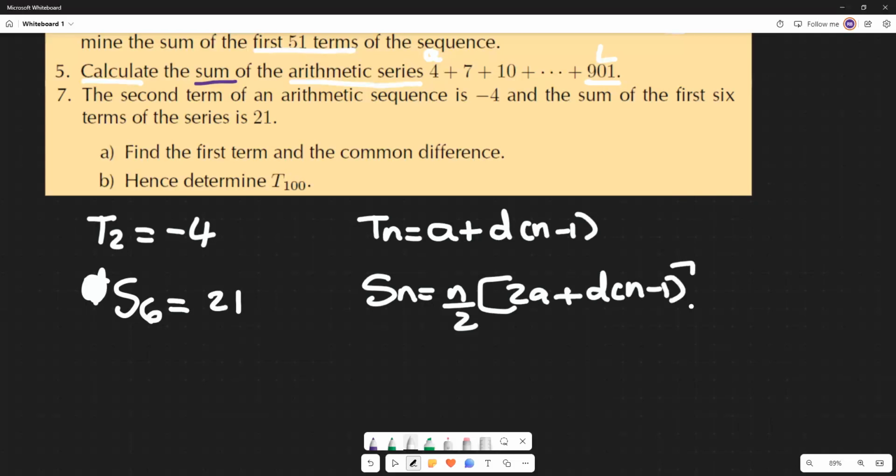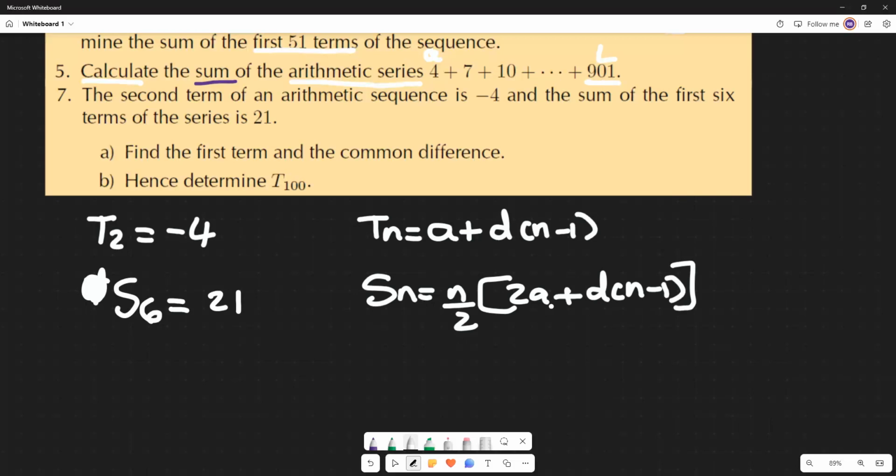This is the basic sum formula for a linear pattern. The other one, a plus l, you use only if you know the last term, like on sigma notation, where you always know the last term. Otherwise, this one is the standard one that always works.